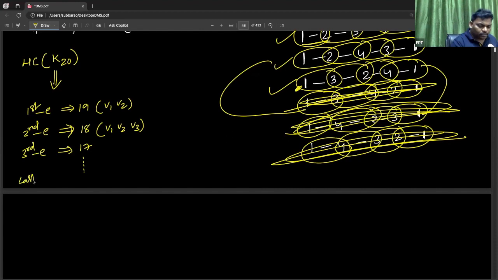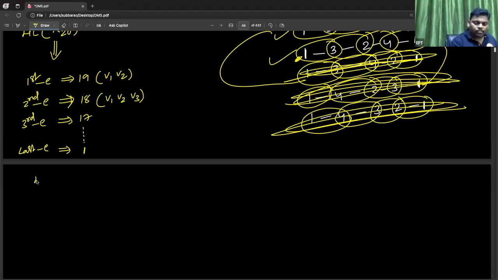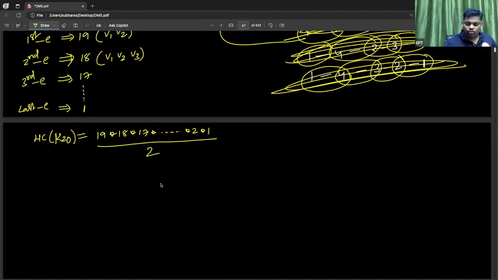For the last edge, the 20th edge, I think there is 1 possibility. So the number of Hamiltonian cycles in K20 is equal to 19, 18, 17, and so on down to 2 and 1, divided by 2, because it is an undirected graph where 1, 2 is equal to 2, 1.